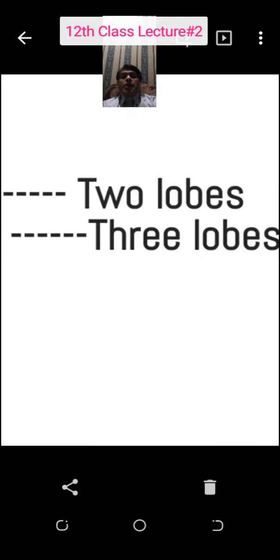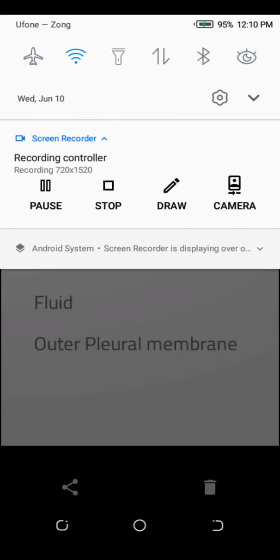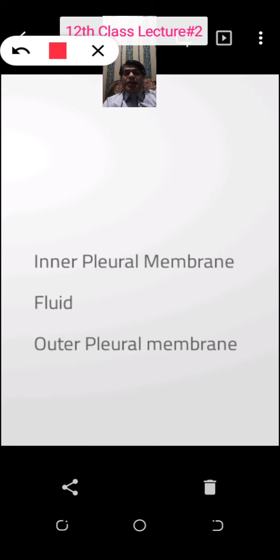Similarly, another piece of information is about the pleural membrane. Look here. In the heart, I was teaching you in first year that the heart consists of two membranes, the outer pericardial membrane and the inner pericardial membrane.